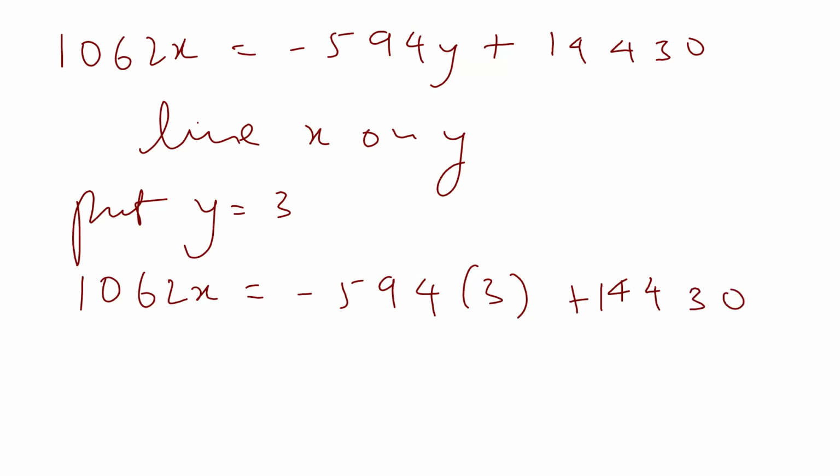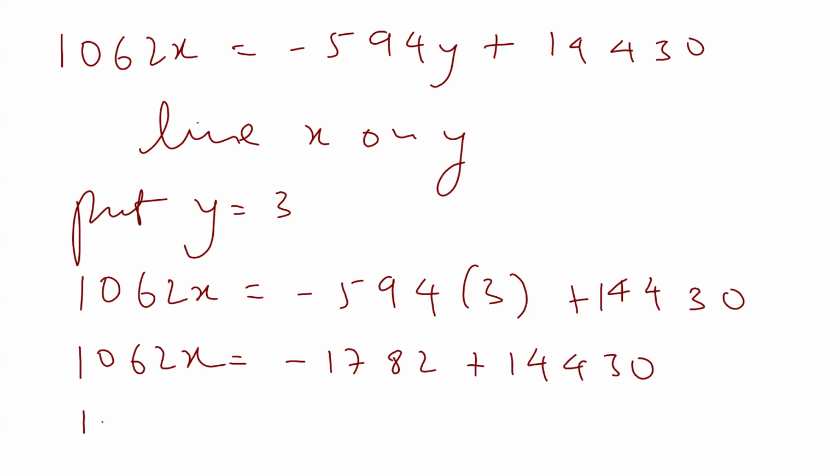So 1062x is equal to 594 into 3, that is minus 1782, plus 14430. So 14430 minus 1782, 1062x is equal to 12,648.